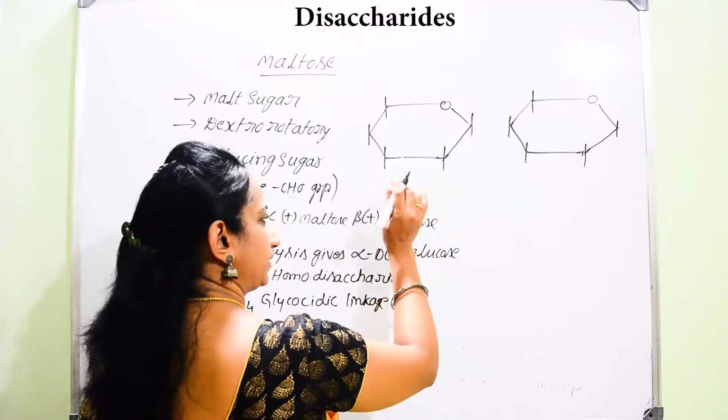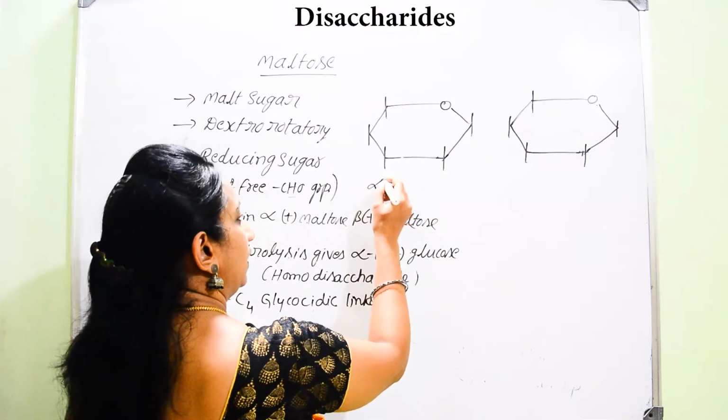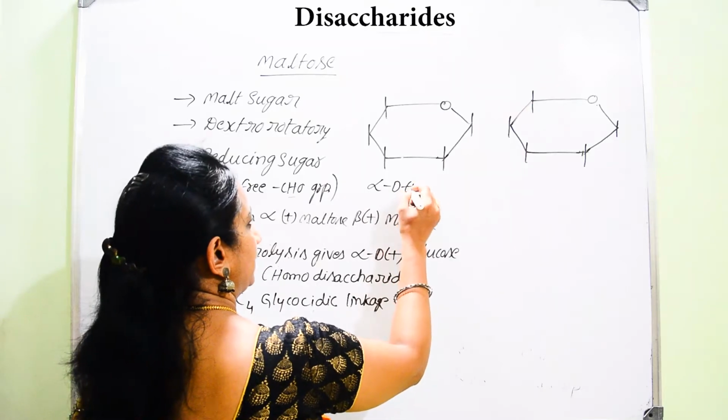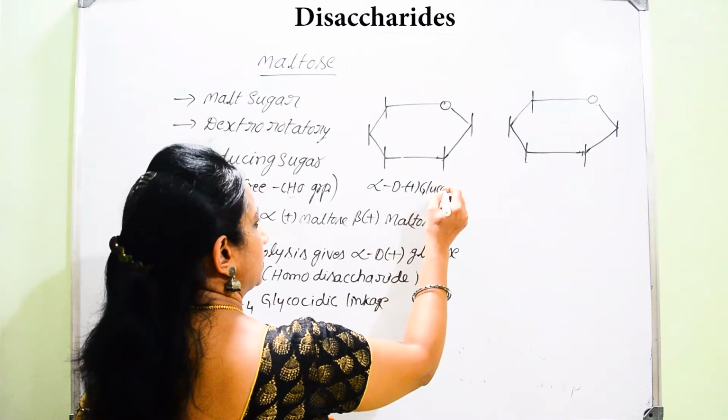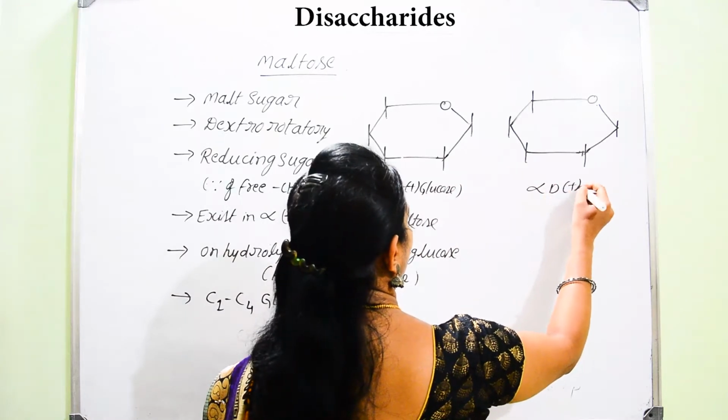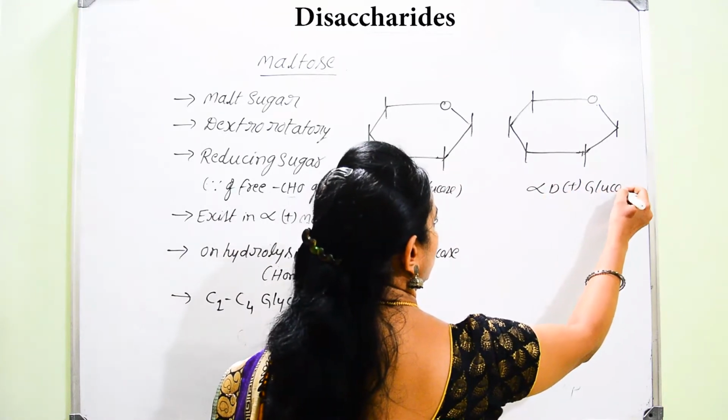I can start with alpha D plus glucose, and here also it is made up of alpha D plus glucose.